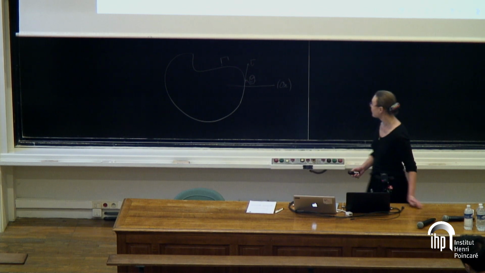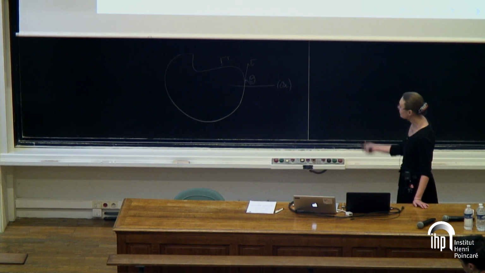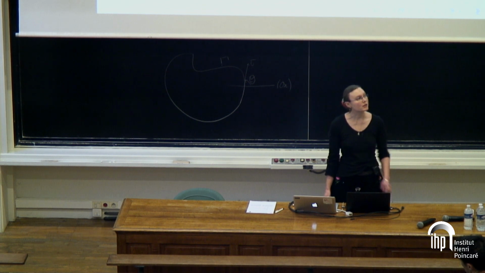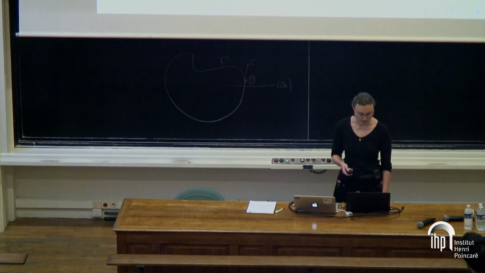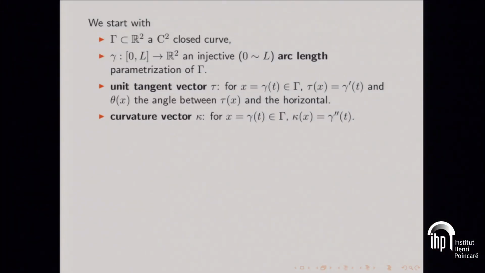So on this curve, if you parameterize it with a nice arc length parameterization, then your curvature vector is just the second derivative of your parameterization.